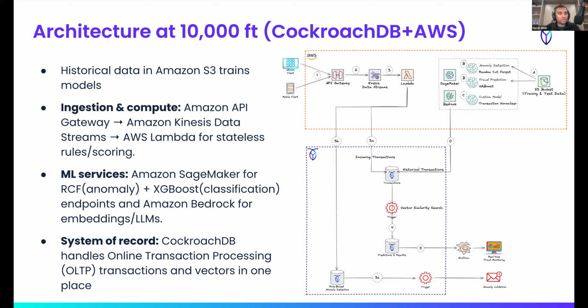We're also using Bedrock to generate embeddings from that historical context and store them in your OLTP record, and then use vector search, similarity search, as well as other LLMs to do quick, real-time similarity searches as an added layer, to give you more accuracy and quick responses in detecting whether fraud is actually happening within that transaction or not.